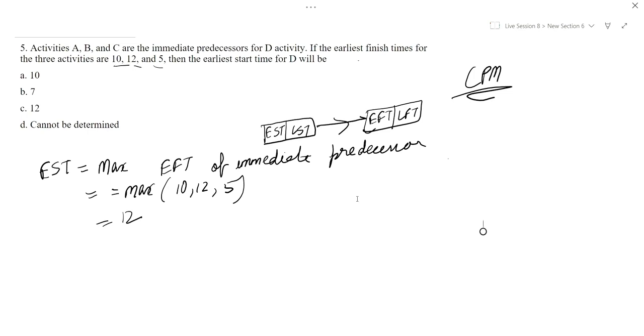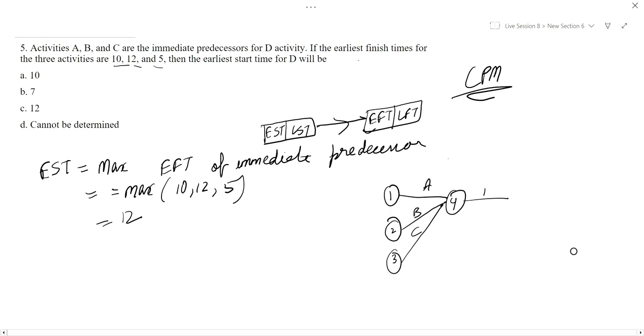So if we draw the chart for this, suppose this is activity A, B, C. Now A, B, C are the immediate predecessors for the D activity, and the earliest finish times for the 3 activities are 10, 12, 5.